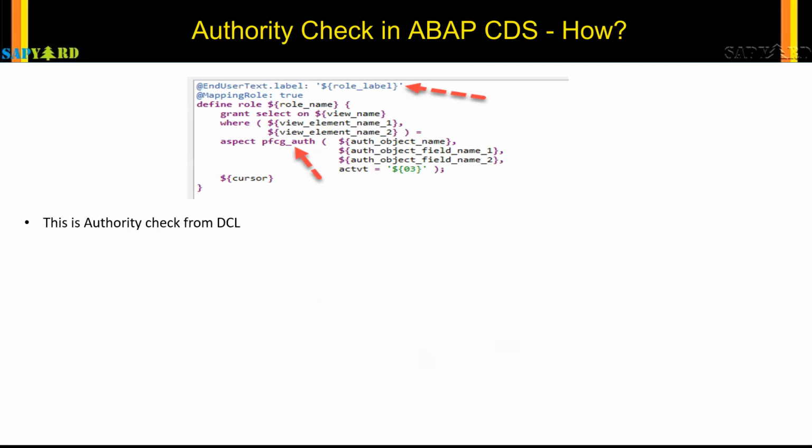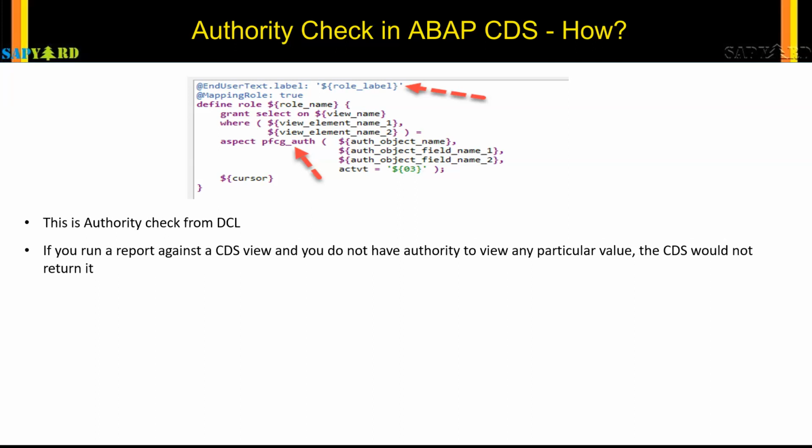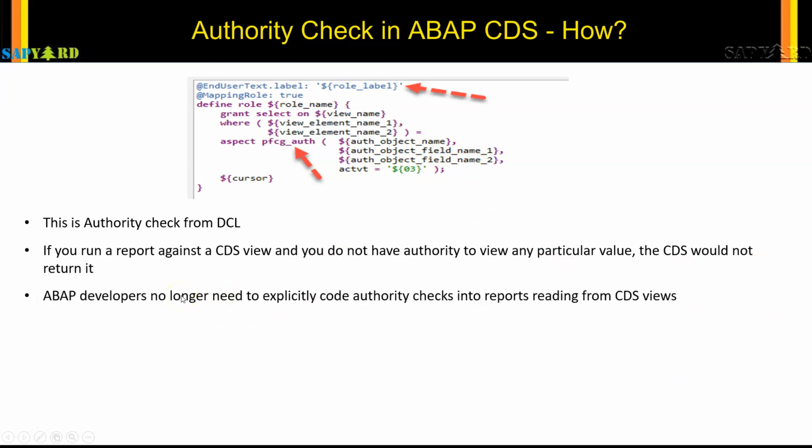So this is the authority check from DCL. If you run a report against a CDS view and you do not have authority to view any particular value, the CDS will not return it. Based on your role and the values in the authorization object, you will be able to see the data.